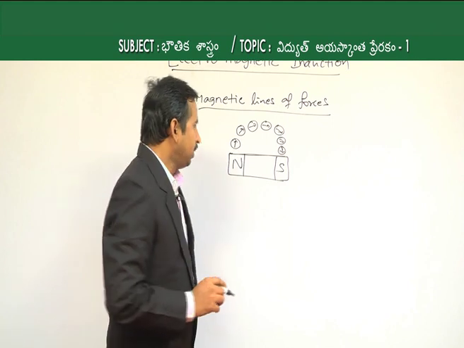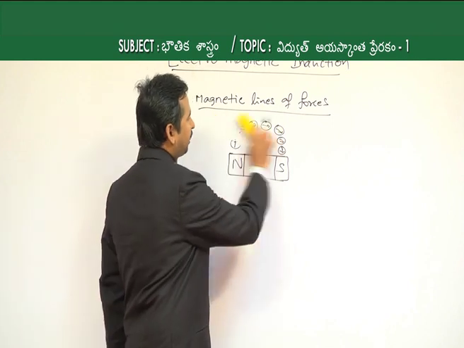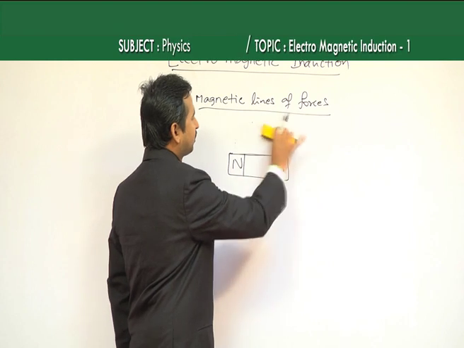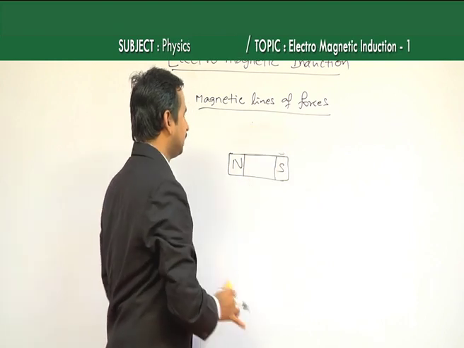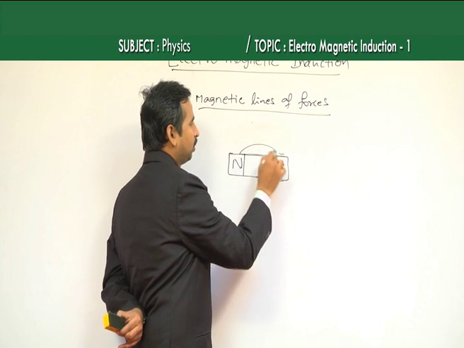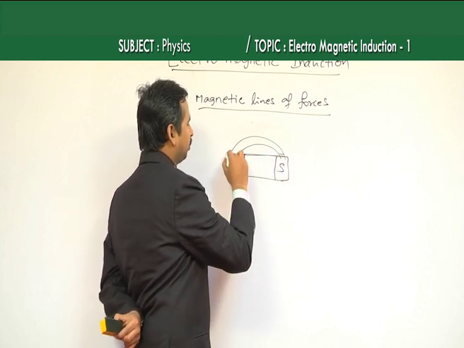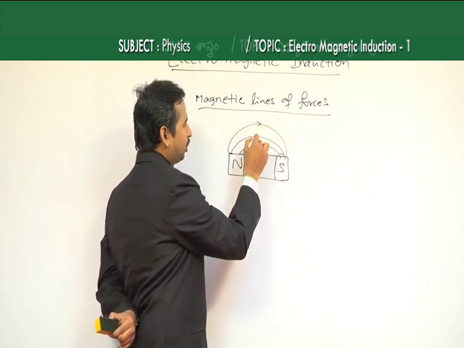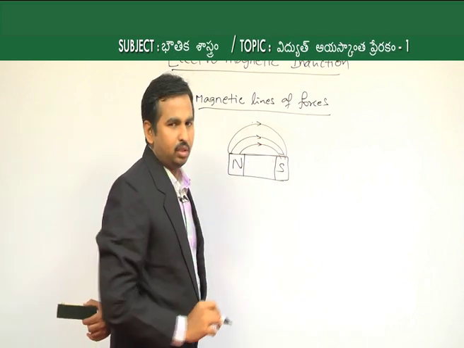In a bar magnet, they are curves starting from the north pole and ending on the south pole.